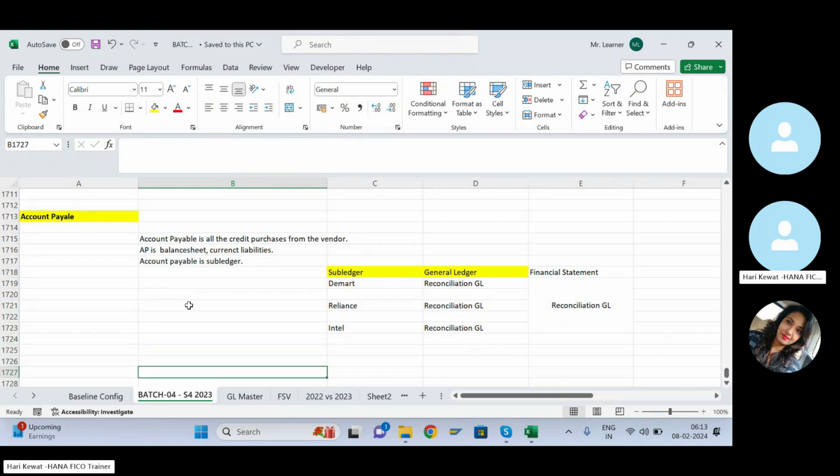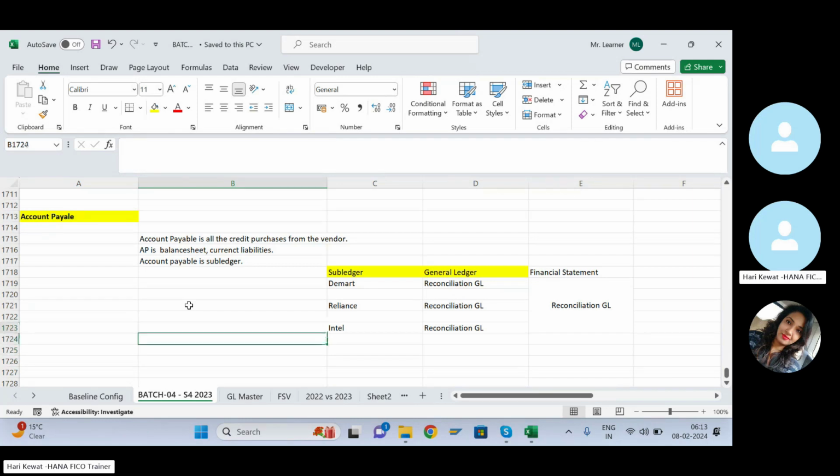Now, account payable is a very big area. It includes a lot of things. So let us see what areas are important for the functional consultant.